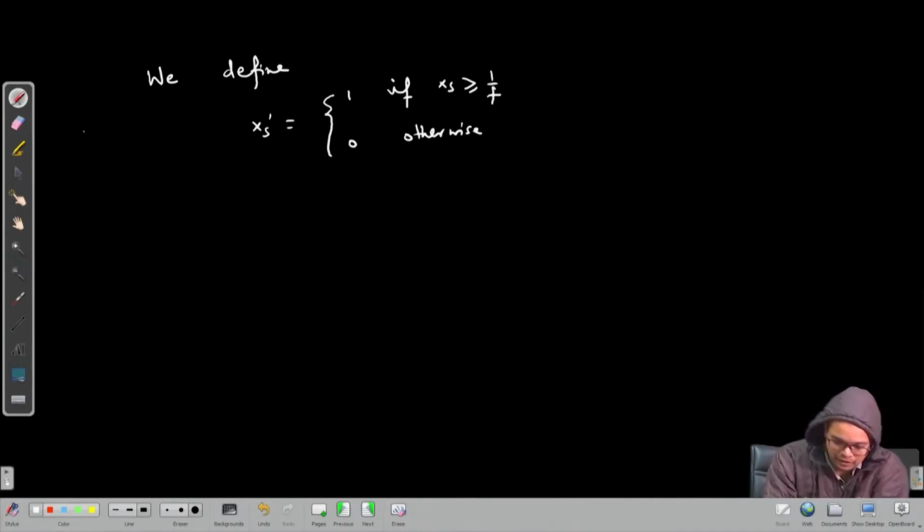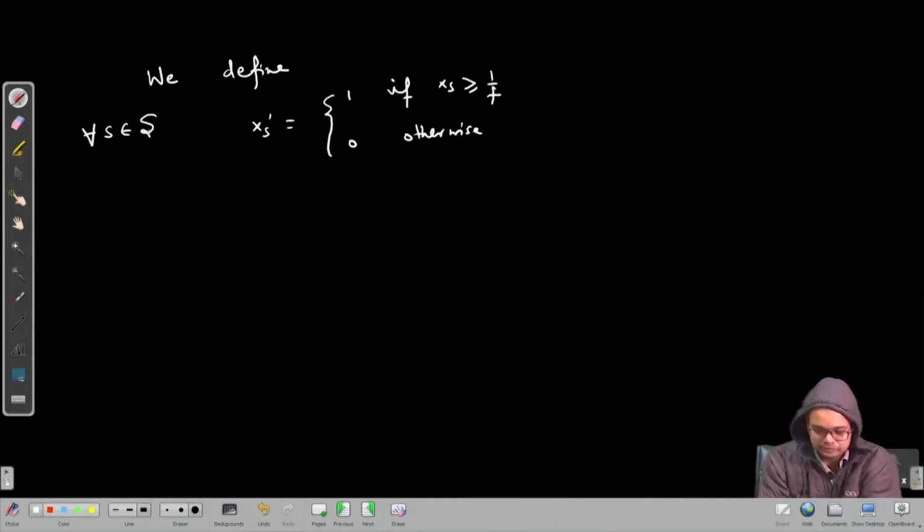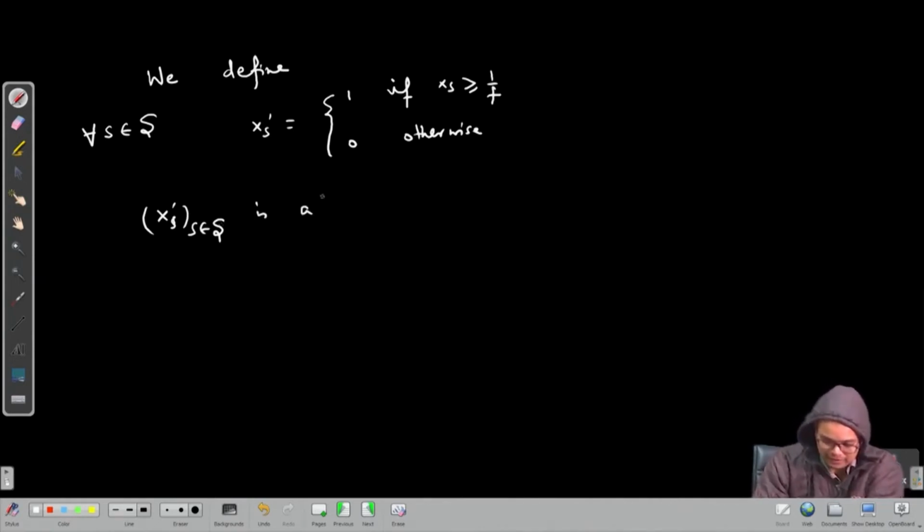This we define for all sets S in script S. So observe that x'_S, S in script S, is a solution of the ILP.